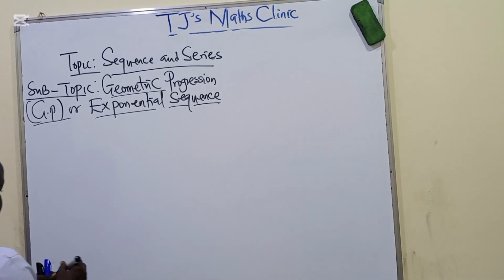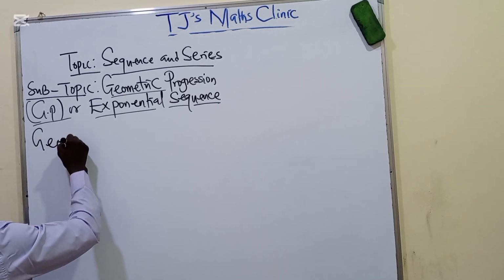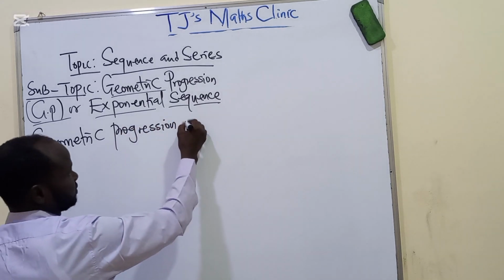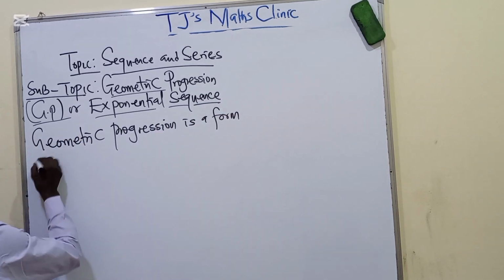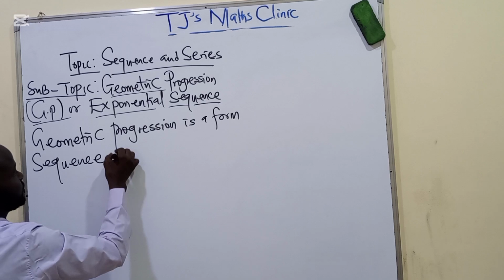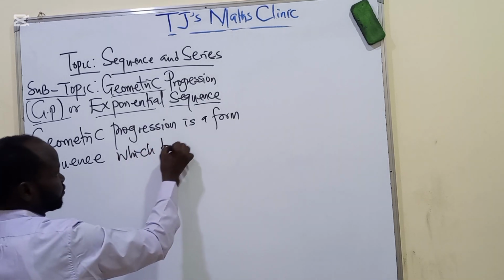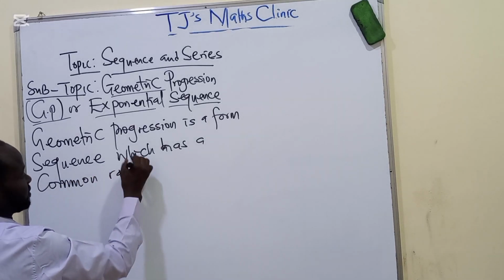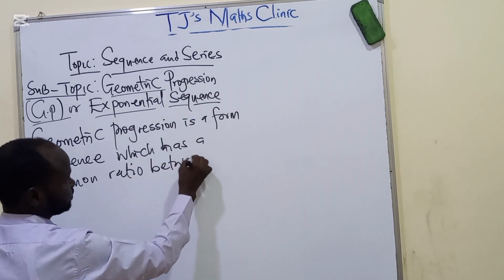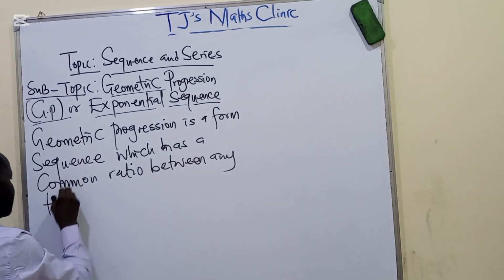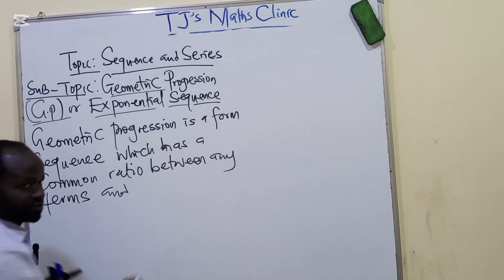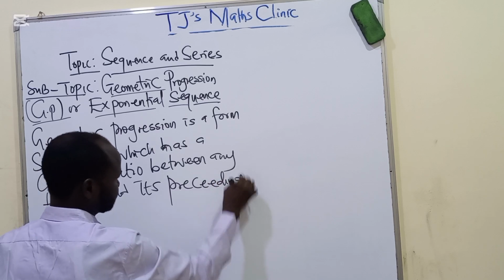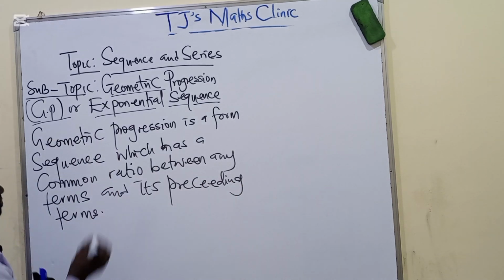Geometric progression is a form of sequence which has a common ratio between any term and its preceding term.